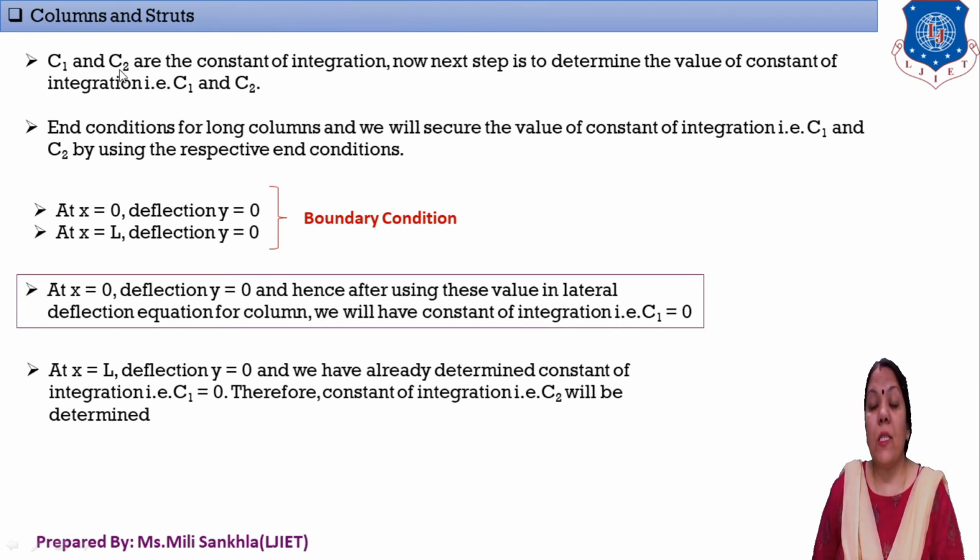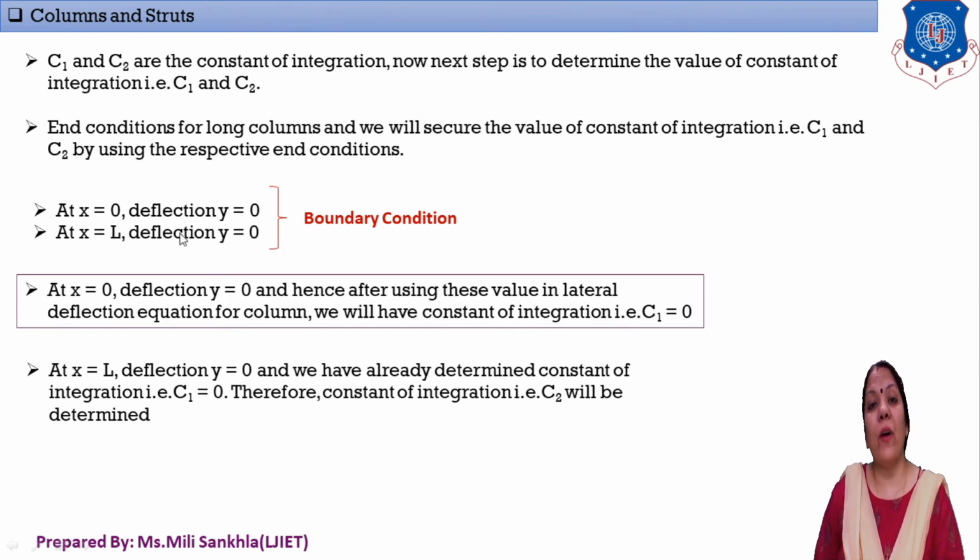The values of C1 and C2 depend upon boundary conditions, and boundary conditions are always applied at our supports. Here support A is hinge and support B is also hinge. So first of all we apply boundary condition at A point. At A point, our starting point, horizontal distance x is 0 and deflection y is also 0, because A is a hinge support, and at a hinge support x is equal to 0 and deflection y is also 0.